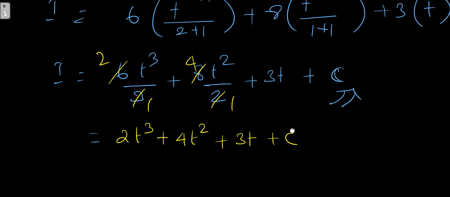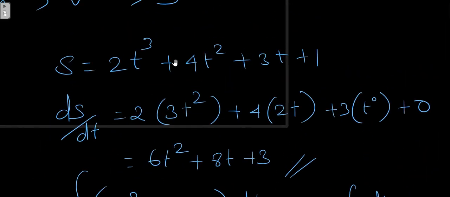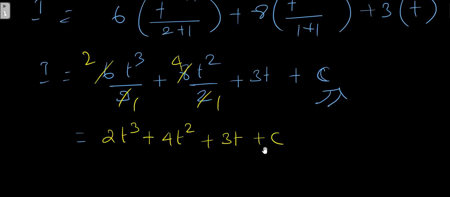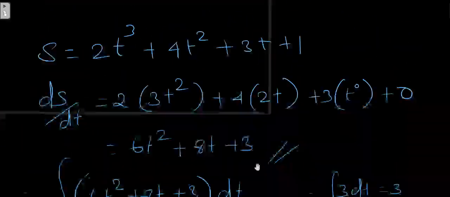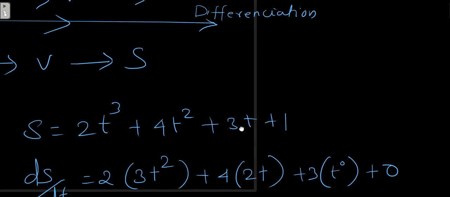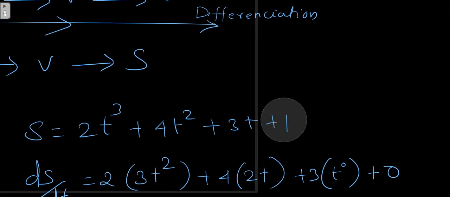Just look at the differential form: 2t cube plus 4t square plus 3t plus 1. And now: 2t cube plus 4t square plus 3t plus c. Here it is given as 1, actually 3t plus 1.